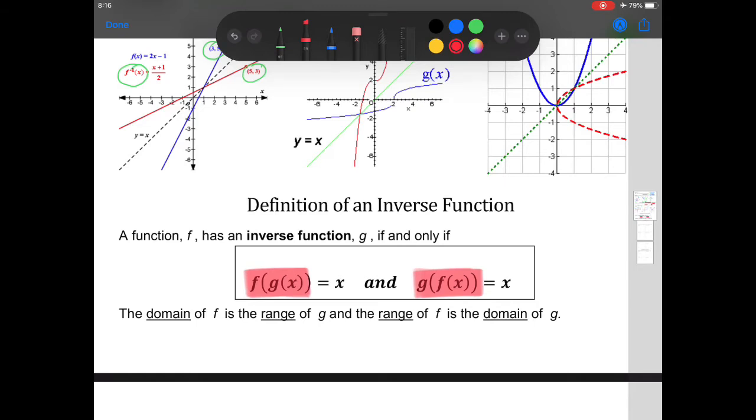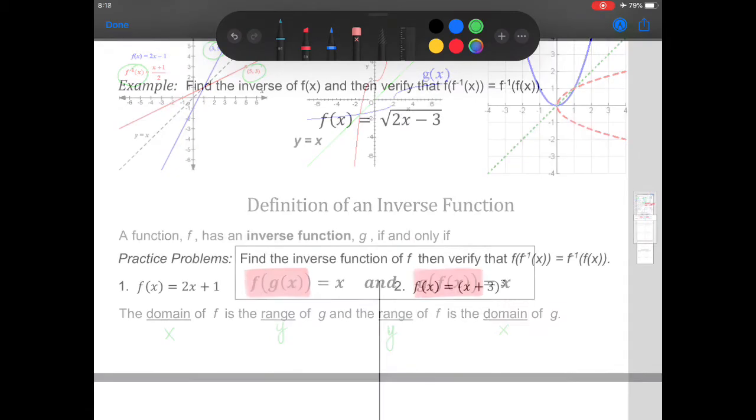So the domain of f is the range of g, and the range of f is the domain of g. In terms of x and y, this is what I meant initially when I said the points are switched. The x of f is the y of g, and the y of f is the x.